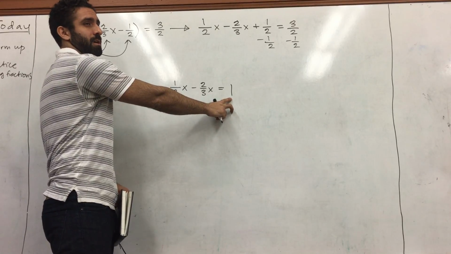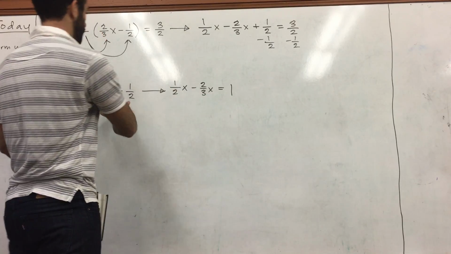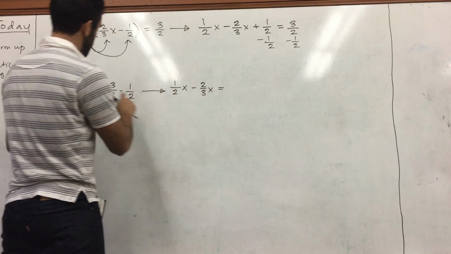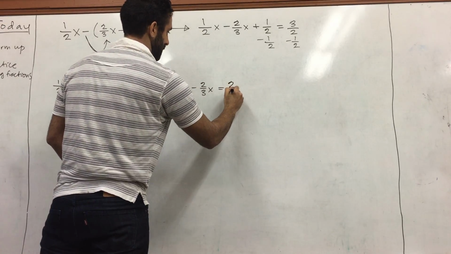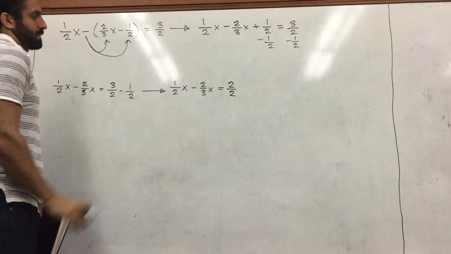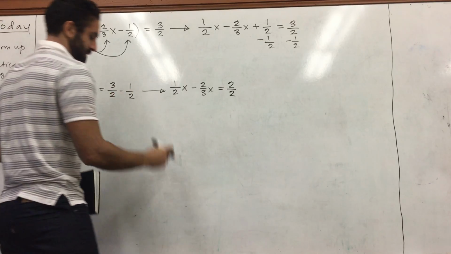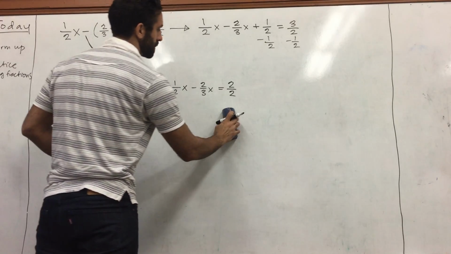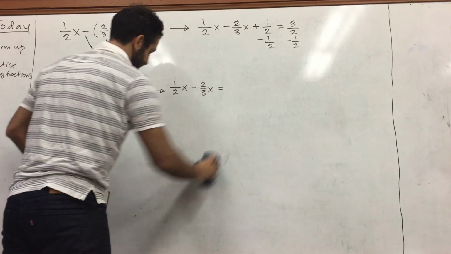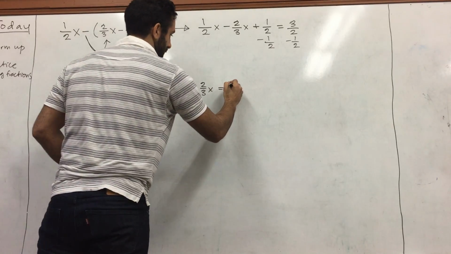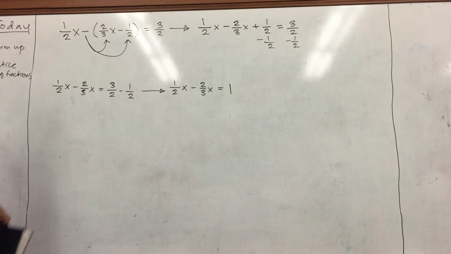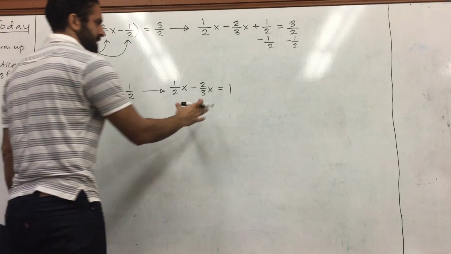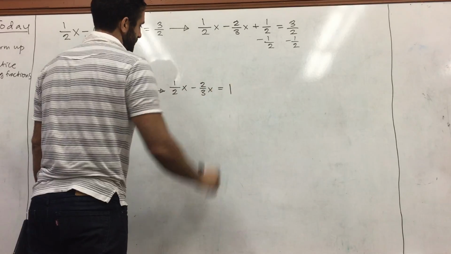It became 1 because 3/2 minus 1/2 is 2/2. If you have 2/2, that's the same as having 1 whole. So we can just write 1. In some cases, it might be better to leave it as 2 over 2.